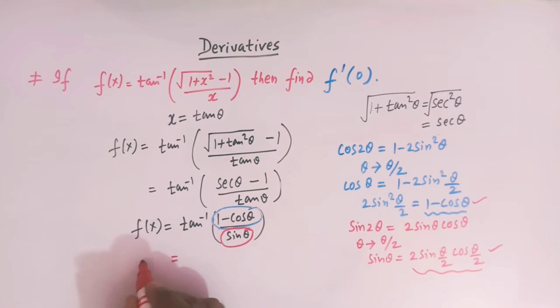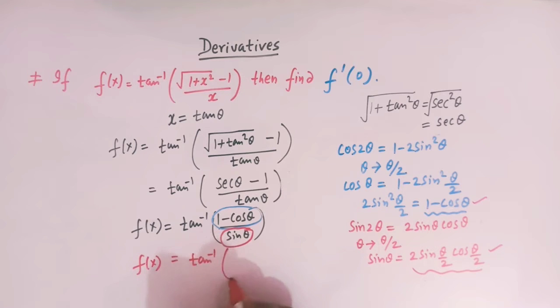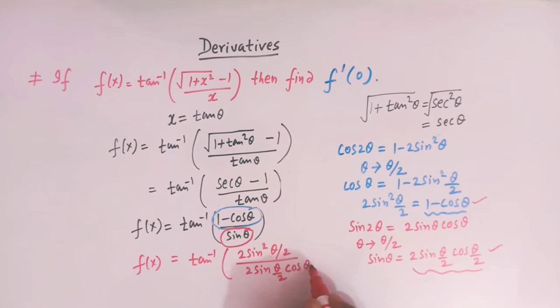Now f of x reduces to tan inverse of 2 sine square theta over 2 divided by 2 sine theta over 2 cos theta over 2. Now this 2 and this 2 get cancelled, and sine theta by 2 and sine theta by 2 get cancelled, so we are left with 1 sine theta over 2 in the numerator.